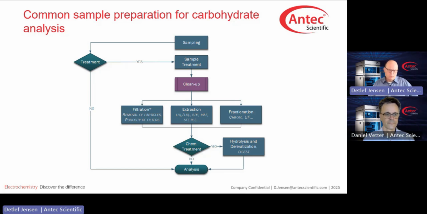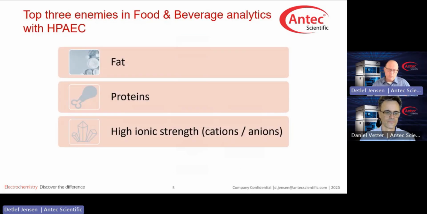Now, when we talk about sample preparation, we need to understand what our enemies are. What kind of contaminants do we face very often in food and beverage analysis? Very simply speaking, we end up with three culprits: fats, proteins, and high ionic strength, in other words, salts.